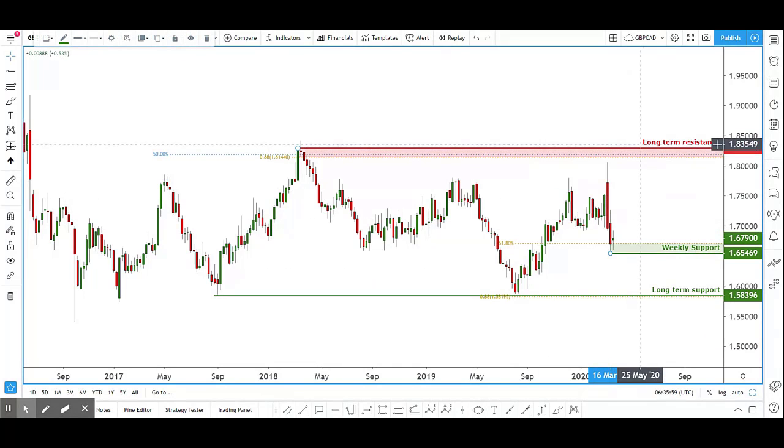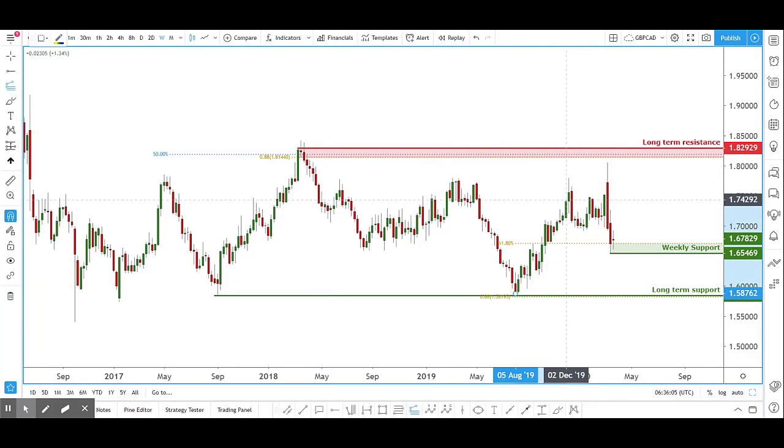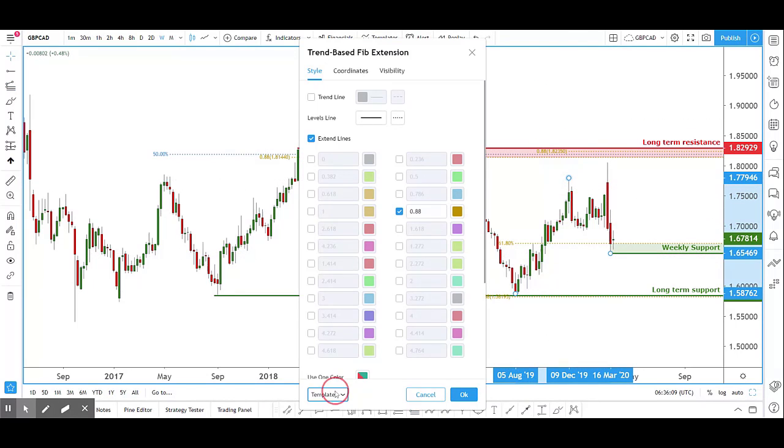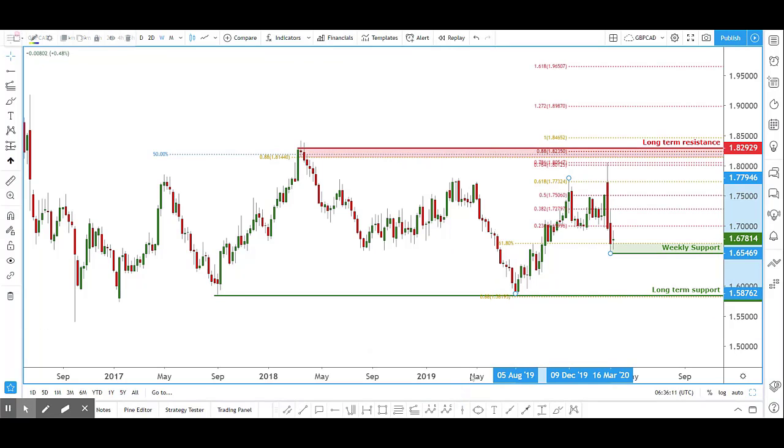I want to see whether I can find any weekly resistances. So for now, let me use a Fibonacci extension from here, the swing high and back down to here, and let me confirm that by pulling out all the ratios. We see that the 61.8 is actually at this level. I ignore this spike because it is an abnormal spike. We realize that all the other price spikes are not as long as this.